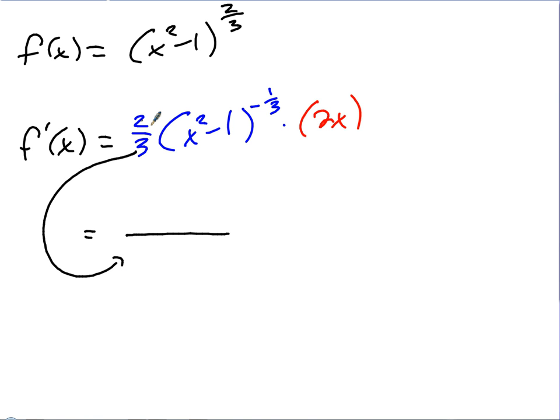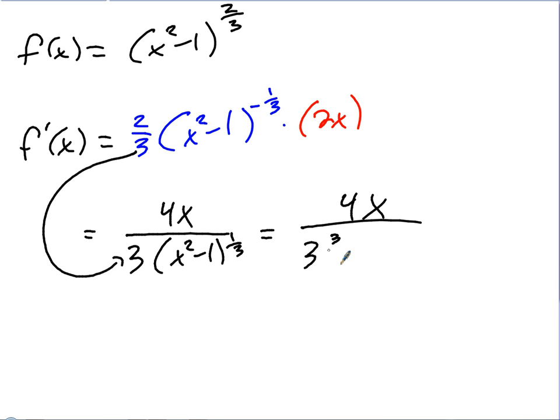And we get 2 times 2x, so we get 4x on the top, and on the bottom, 3 times x squared minus 1 to the 1/3. If we really want to, we could even write that as 4x over 3 times the cube root of x squared minus 1, right? Okay.